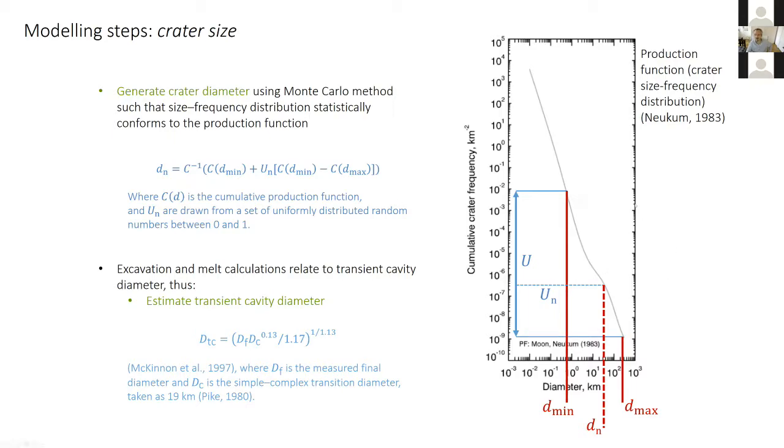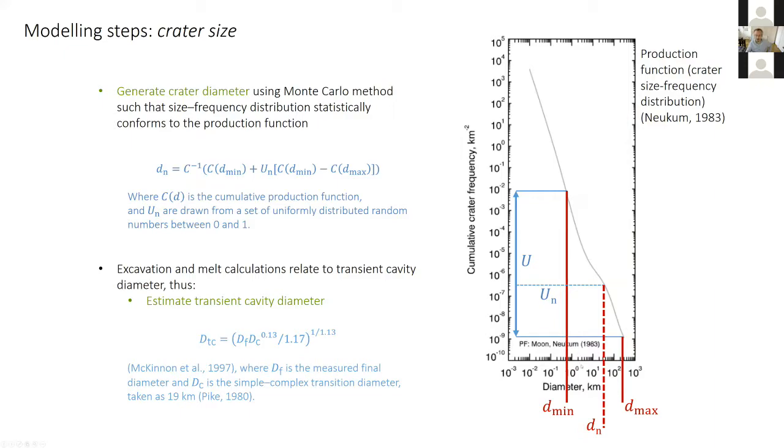So if you look at this plot over here on the right, you can generate the uniform random number represented by u here between these two extreme values, and you look up the crater diameter that corresponds to that random number. And by doing it this way, you generate a random population which conforms to the size frequency distribution that you see in this wavy curve.